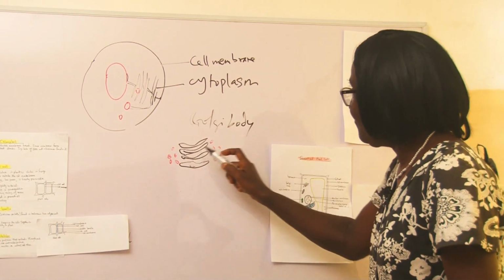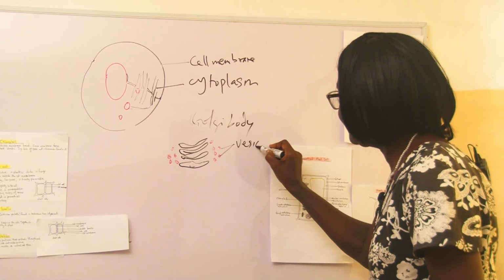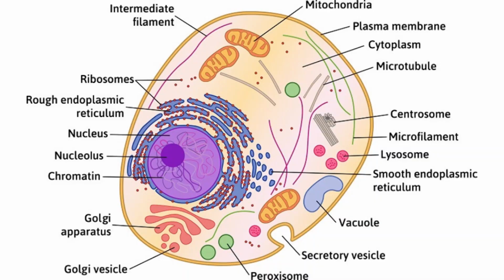Now, these tiny structures are vesicles. So we have the Golgi body, we have vesicles, and these vesicles are single membrane bound. The Golgi bodies also transport substances.